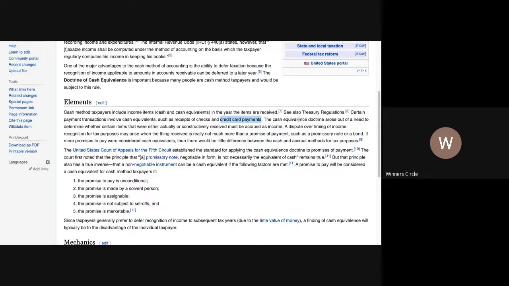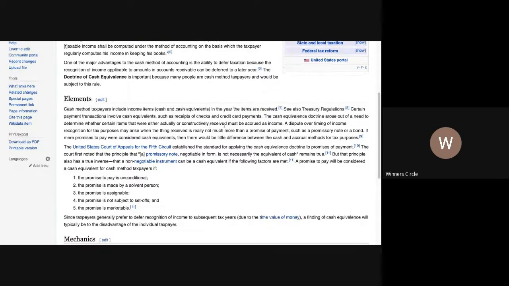Okay, the cash equivalent doctrine arose out of the need to determine whether certain items that were either actually or constructively received must be accrued as income. A dispute over the timing of income recognition for tax purposes may arise when the thing received is really not much more than the promise of a payment.